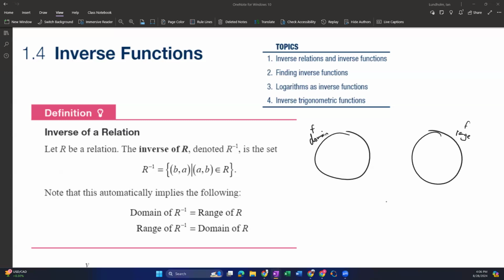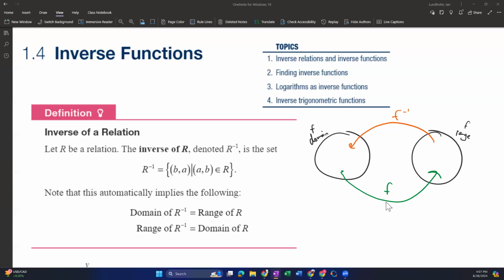So f will be a function that takes values as inputs in this domain and outputs values over in this range. Whereas an inverse function will do the inverse thing. It's going to take things from the range of f and bring them into the domain of f.